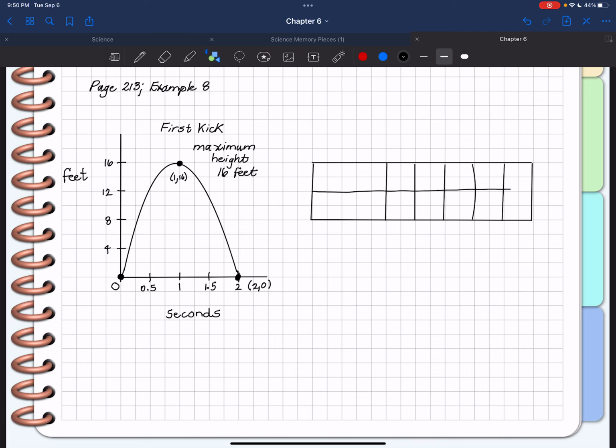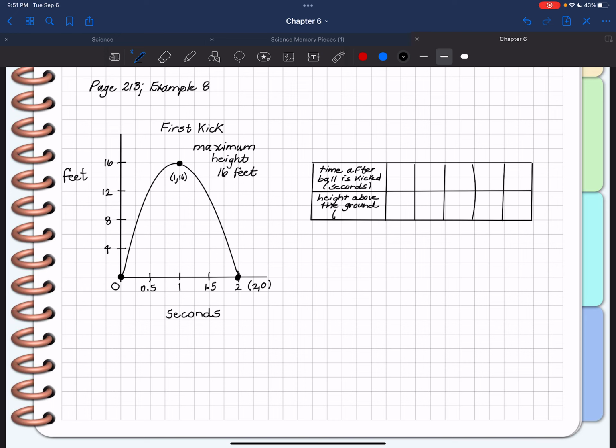And the x value, the top number, is time after the ball is kicked. And this is measured in seconds. And then the y variable is height above the ground. And that is measured in feet.